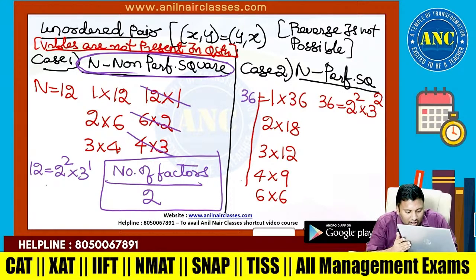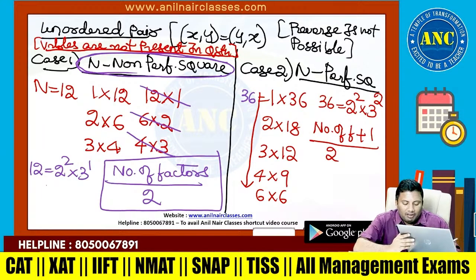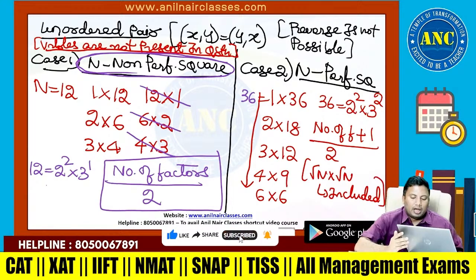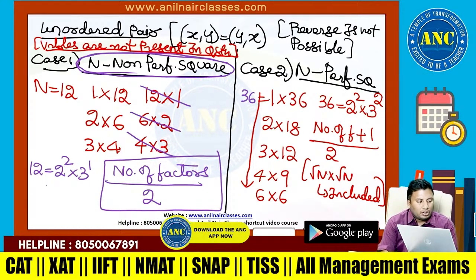These 4, the reverse is taken out. So this is nothing but (number of factors plus 1) by 2, if I include root n into root n. Why is it (number of factors plus 1) by 2? 36 is 2 square into 3 square.